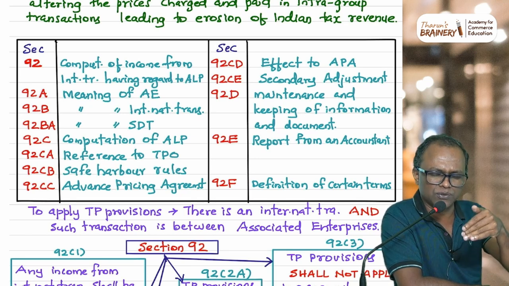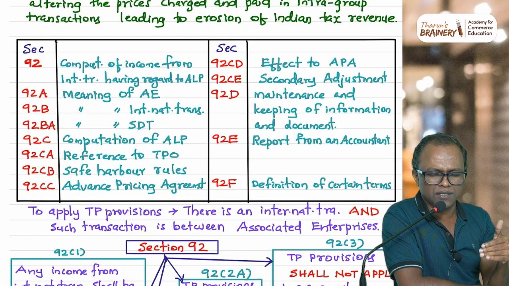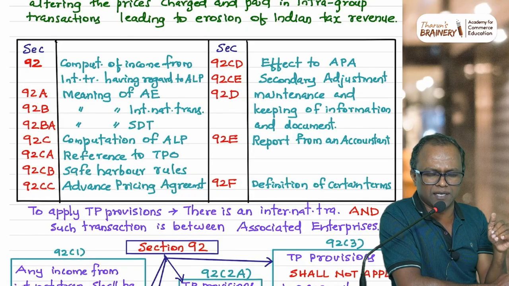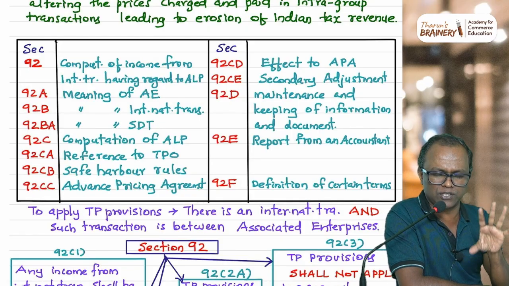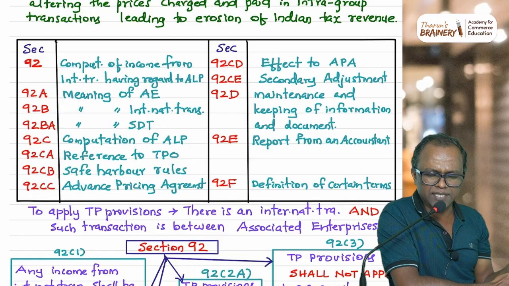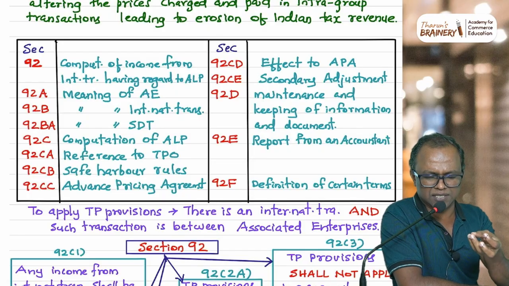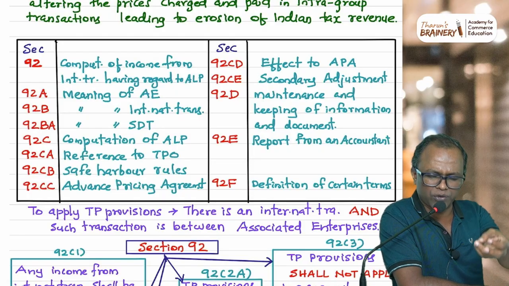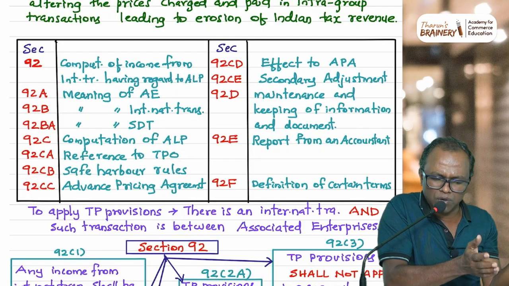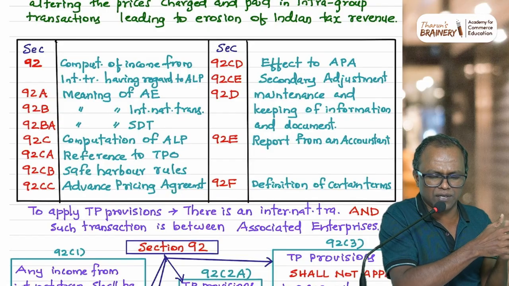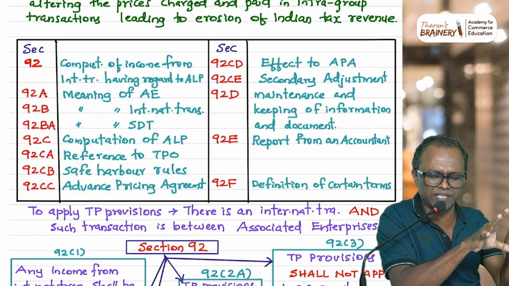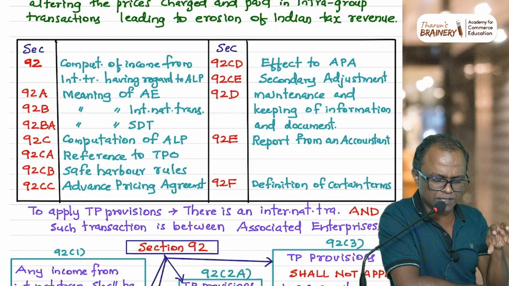So we want to do an advance pricing agreement. If the department is satisfied and it is suitable for an advance pricing agreement, the department agrees, then both will sit and discuss the terms, how they will price, and the department will say these are our suggestions, you should show this much profit or you should make the pricing like this. So both of them will negotiate and discuss and finally come out with an agreement. That agreement is known as advance pricing agreement.